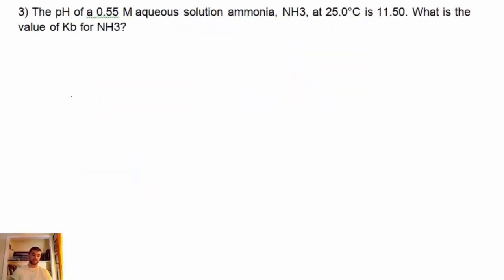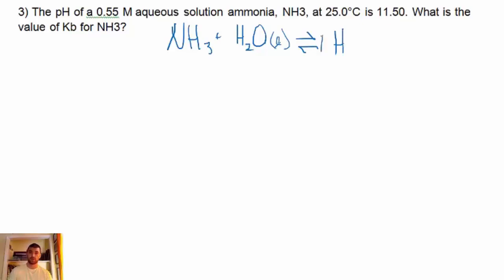Number three, doing some math. The pH of a 0.55 molar aqueous solution of ammonia, NH3, at 25 degrees Celsius is 11.5. What is the value of Kb for NH3? So we've got NH3 being put into water, which is a liquid, which gives us NH4 plus and OH minus, and it wants to know what the Kb is.